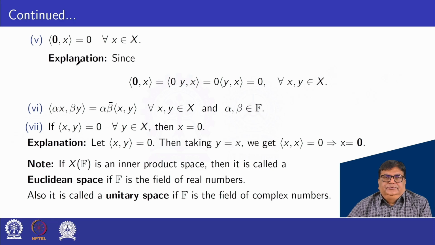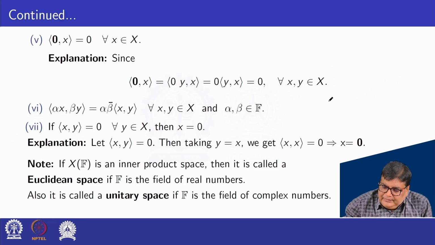Fifth, inner product of 0, x, that is 0. Why? Here 0 is a vector. Since inner product of 0, x can be written as 0 as scalar product of any vector y, inner product of 0 into y and x.